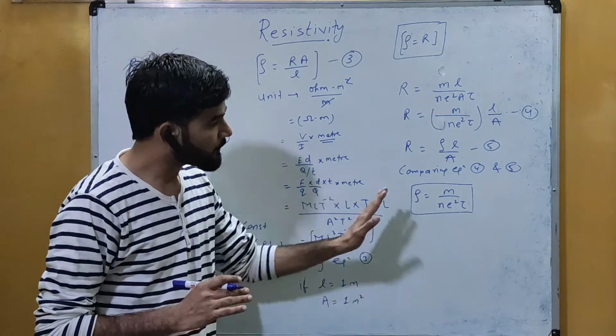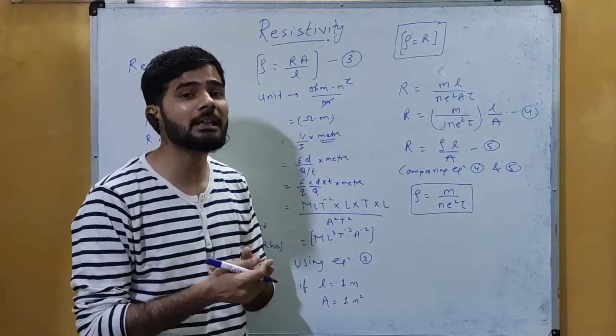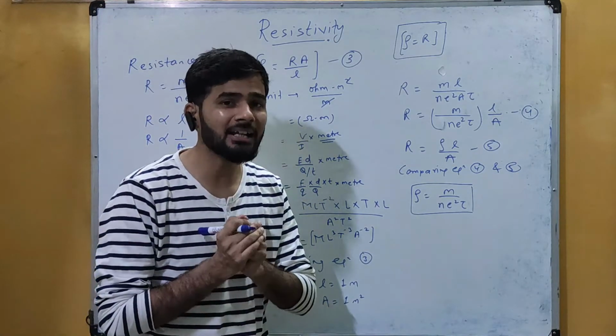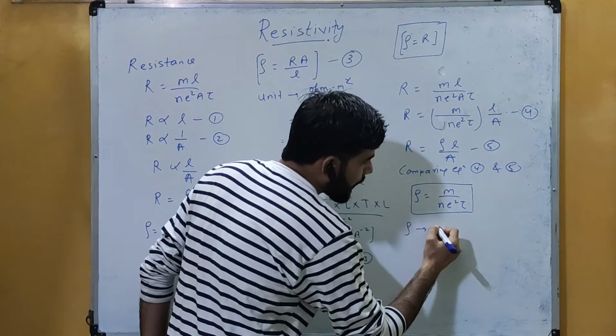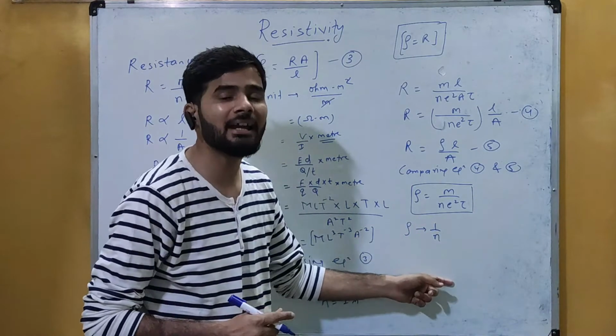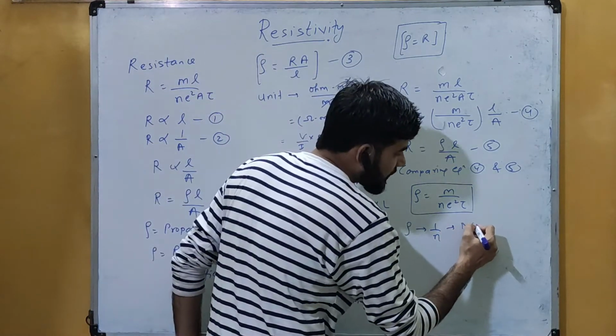Okay, now here from this we can find the dependency of this resistance on the parameters. मतलब यहाँ पर जो resistivity है वो किन parameters पर depend करता है. Okay, so here this resistivity depends upon the electron density, means rho is equals to 1 by n. मतलब यहाँ पर क्या हो गया, it depends upon the nature of material.